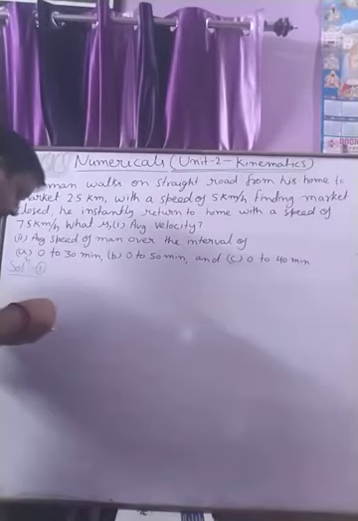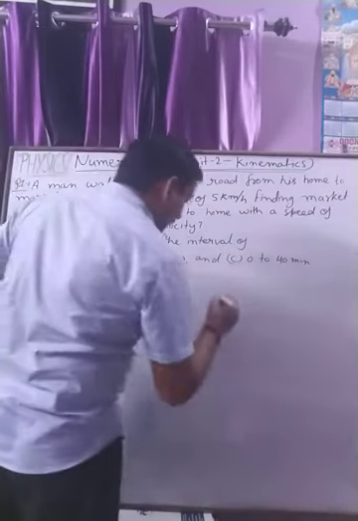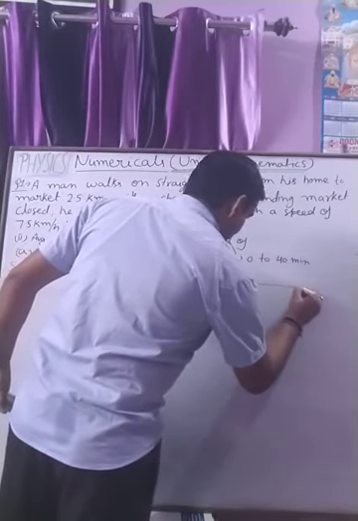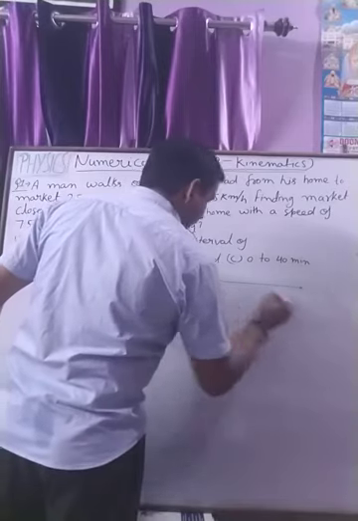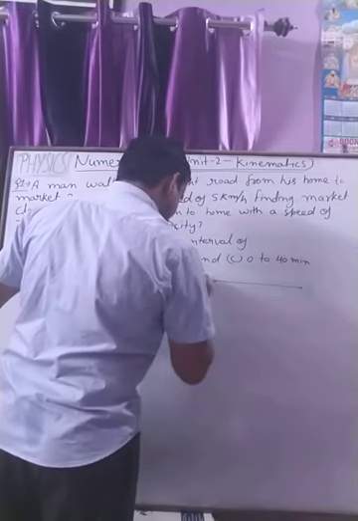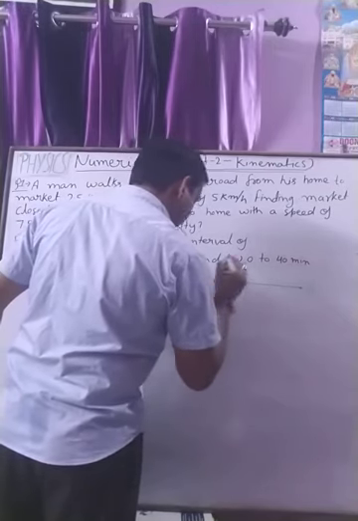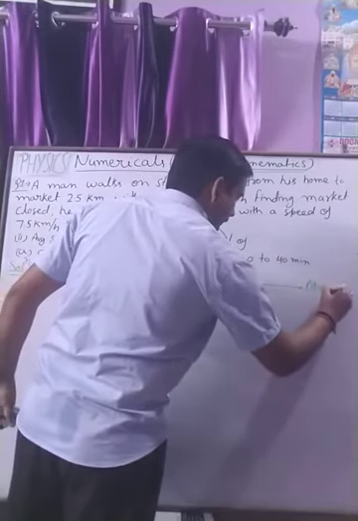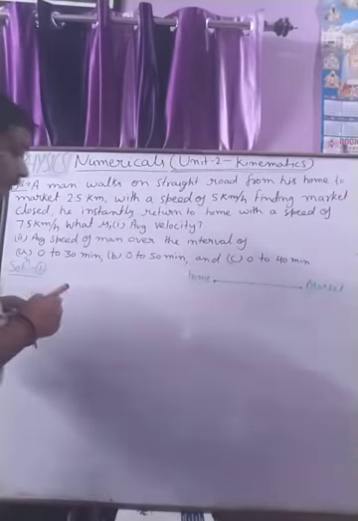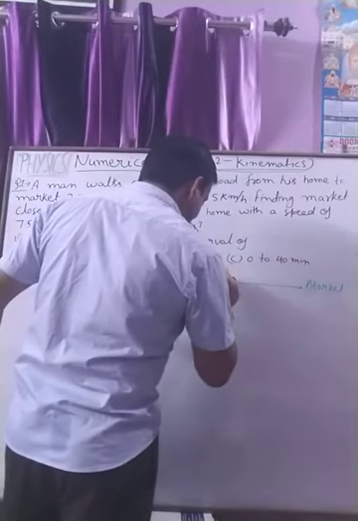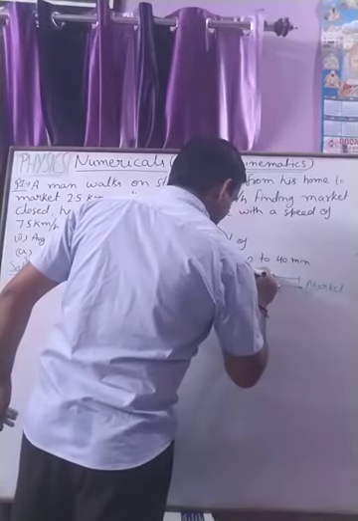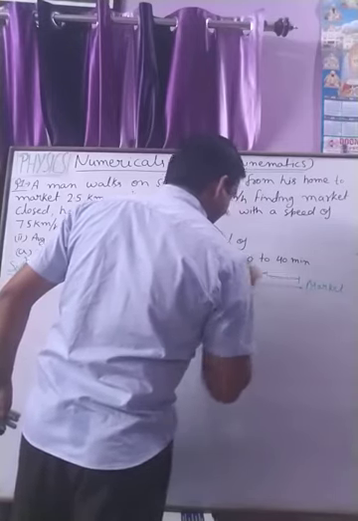Now suppose a man is moving from point A to point B, or we say home to market. It is given that the distance from home to market is 2.5 kilometer.